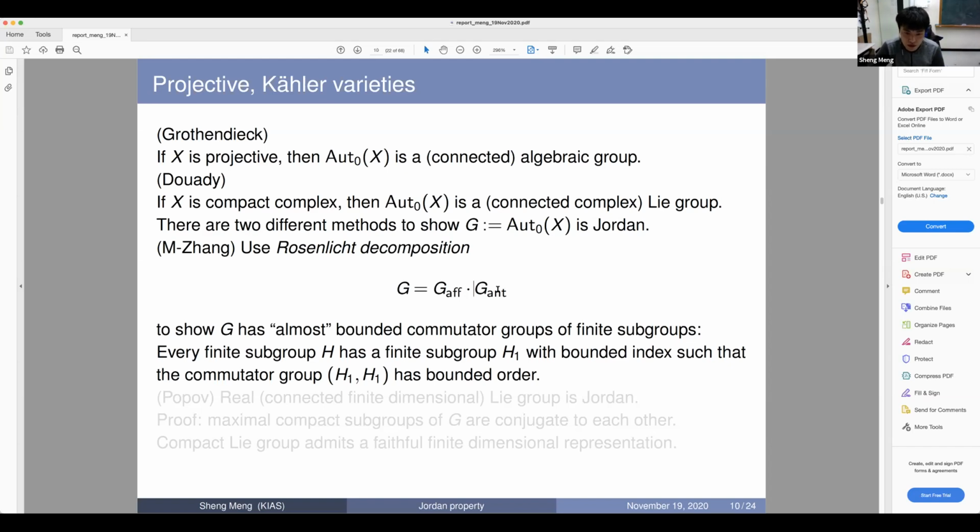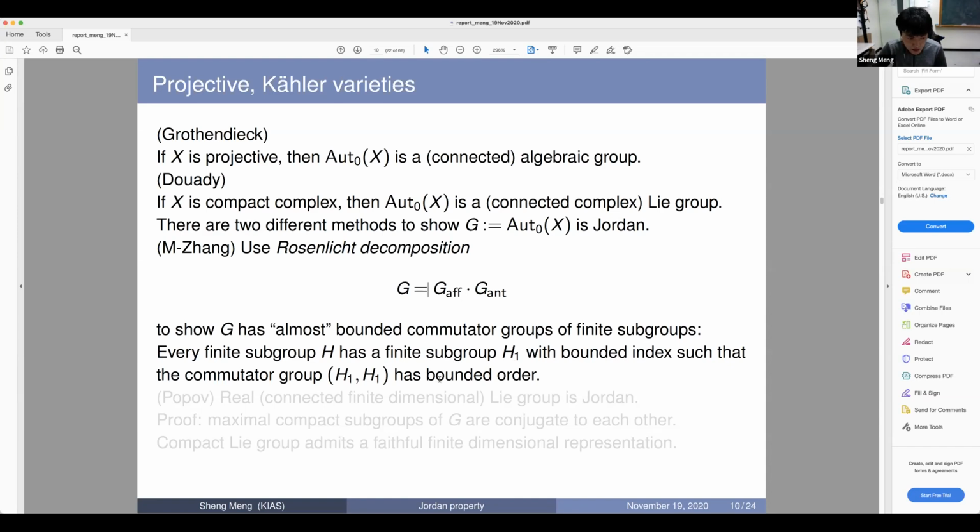So in particular, G_anti-aff is contained in the center of G, and using this commutativity, we can show that G has almost bounded commutator groups of finite subgroups. Precisely, it means that every finite subgroup H has a subgroup H1 with bounded index such that the commutator group has bounded order. I will not go into too much detail of this argument.